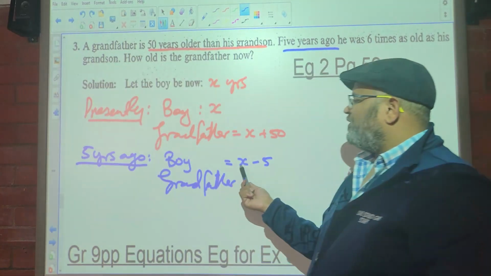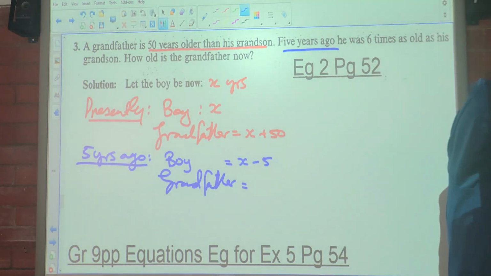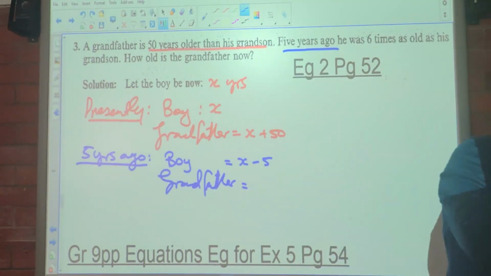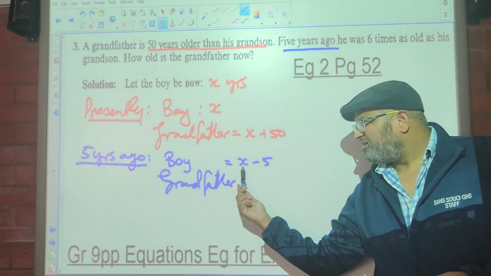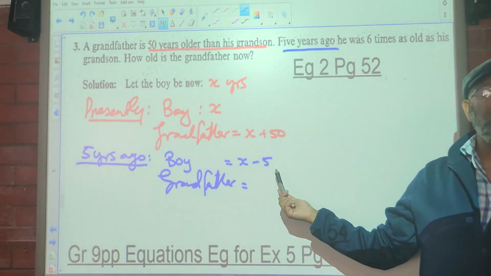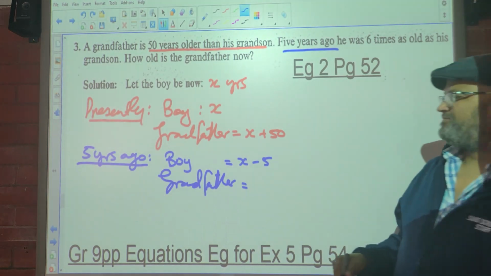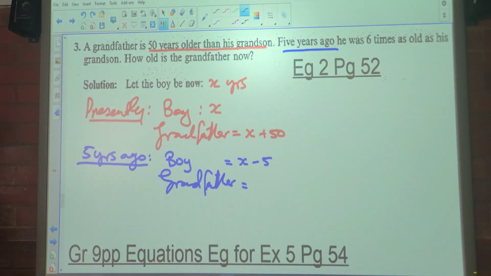For argument's sake, if the boy was 8, then 5 years ago he would have been 3. If the boy is 30, 5 years ago the boy would have been 25. You just subtract 5. If the boy was 5 years old, 5 years ago he was 0, he was born. You're not going to use 4, no? Because then you will be again not thought of yet.